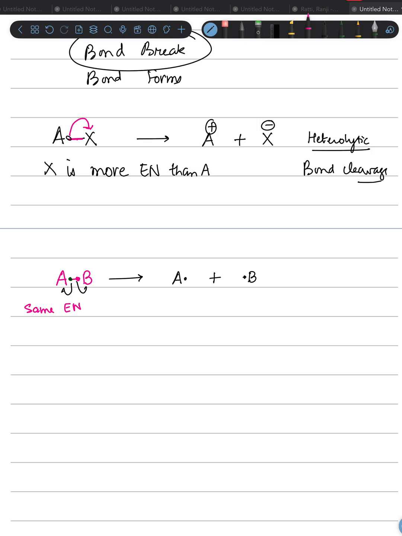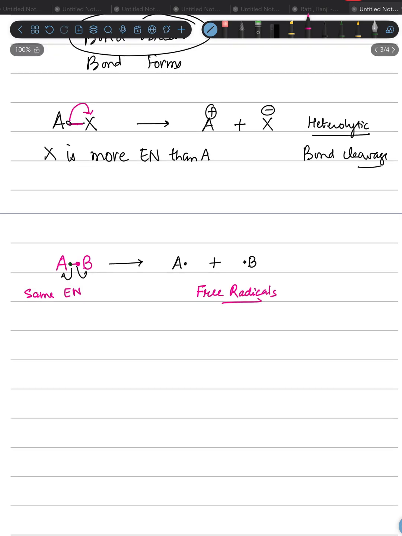Since it was earlier also theirs, they don't carry any charge after the cleavage. So these species which are formed, we call free radicals or just radicals. They have an odd electron. They're not charged because they have not taken someone's electron or lost an electron. It's just that they have an odd electron, so they are called free radicals.